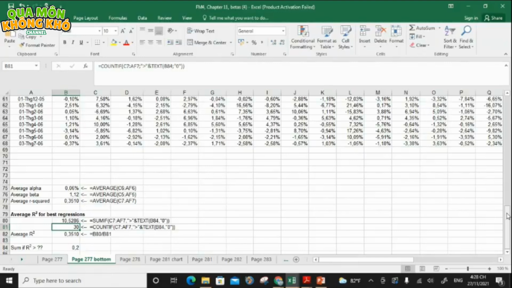I'm confused here. The function that I want to use is greater than text.